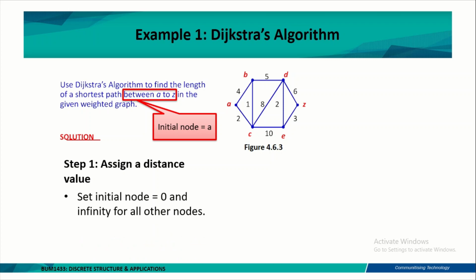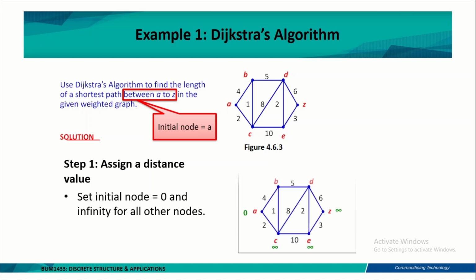We need to set the initial node as 0 and infinity for all other nodes. So we have the figure here, and we set the initial node as 0 and the others as infinity.